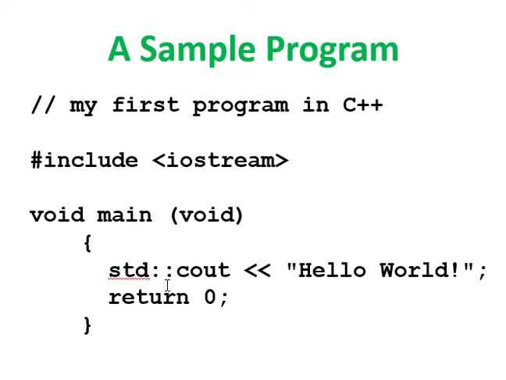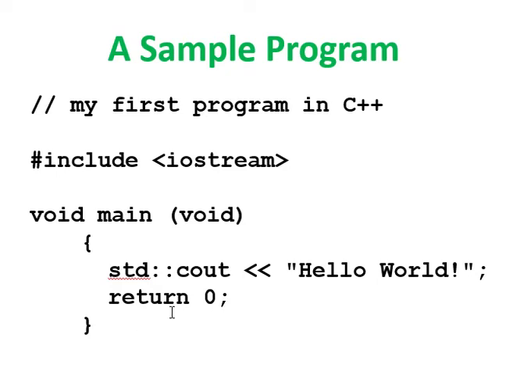Here is the standard cout. This is the sign to print the output string mentioned here. So hello world, std cout prints the content inside these quotation marks, and it must be followed by this arrow sign and the format string. In our example, hello world is the format string.